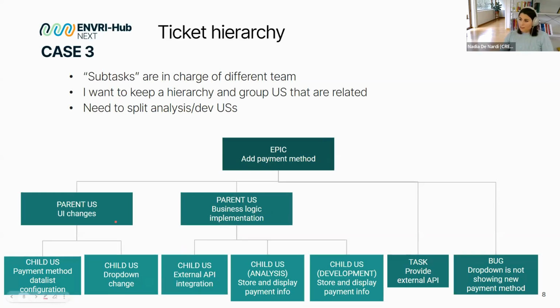We can create two user stories as before, the first example, user interface changes and then business logic implementation, but these are parent user stories. They are not different tickets, they are always user stories. But then I create another user story instead of the subtask, and I put a relation: this is parent of this, and this is child of this.